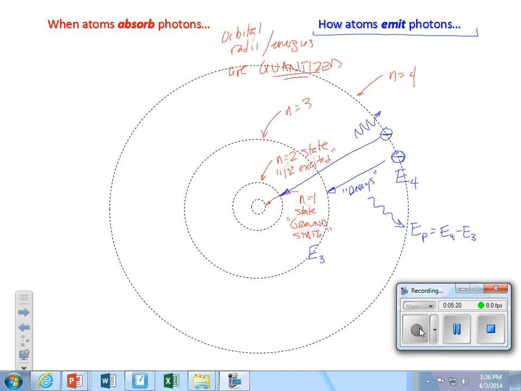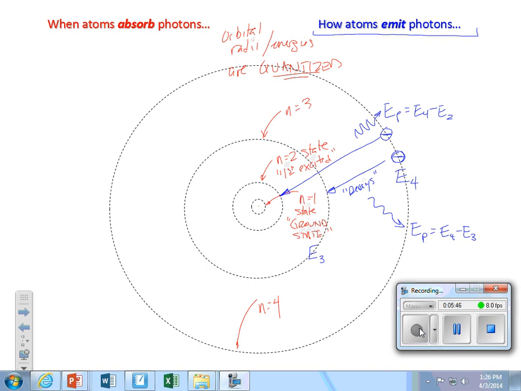Shorter wavelength, higher frequency. There's E photon equals E4 minus E2. N here, so we're sure, is not index of refraction at all. Just an integer, the quantum number, the state number. That's what we call it.